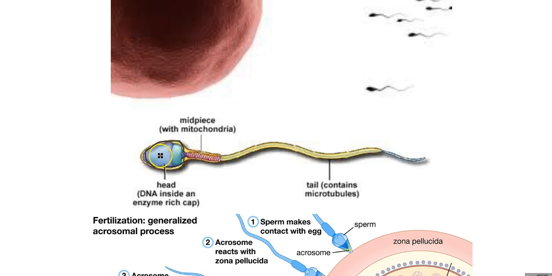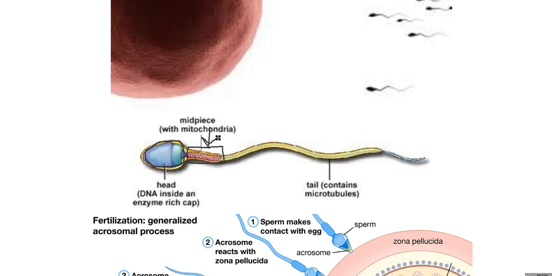Behind the head of the sperm cell is the mid piece, and there are mitochondria there, because this sperm cell needs the mitochondria to make ATP so that the microtubules can flex and the flagella can go back and forth so that the sperm cell can swim toward the egg cell.